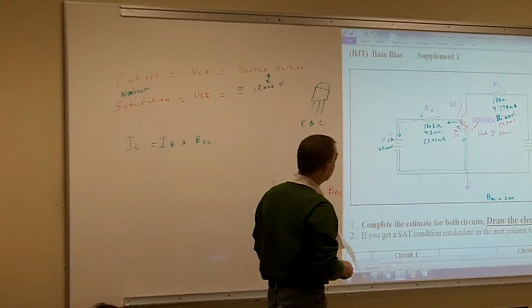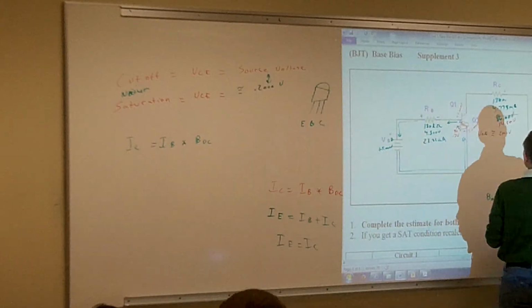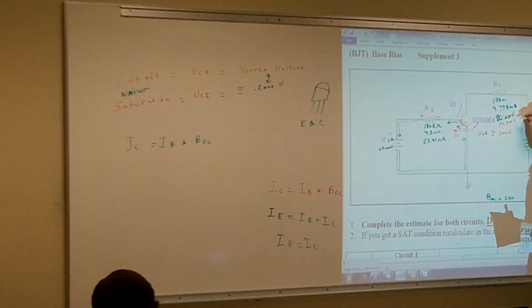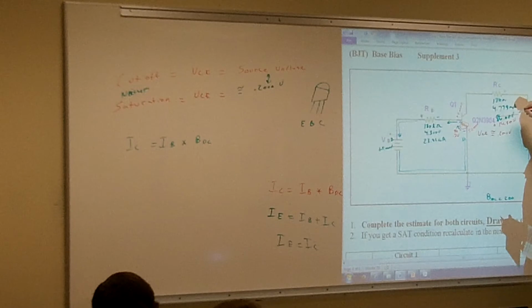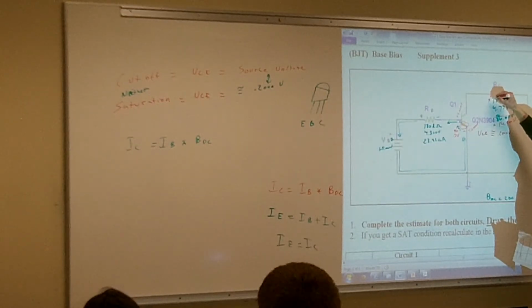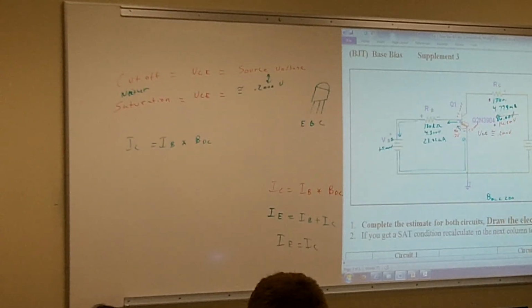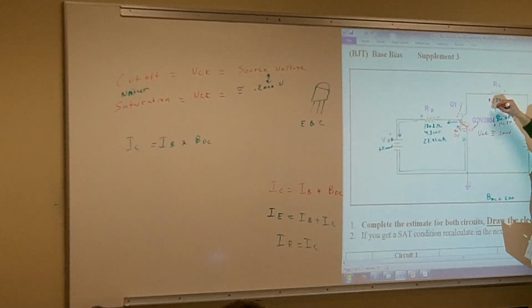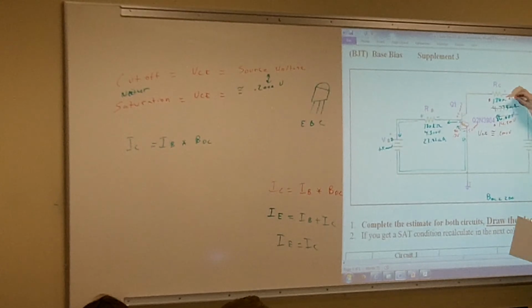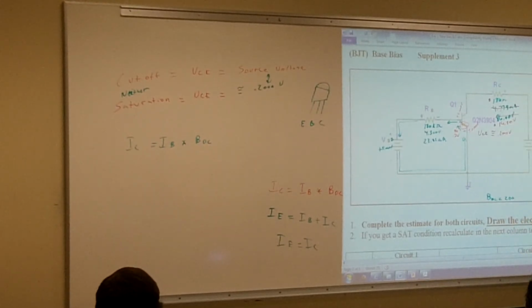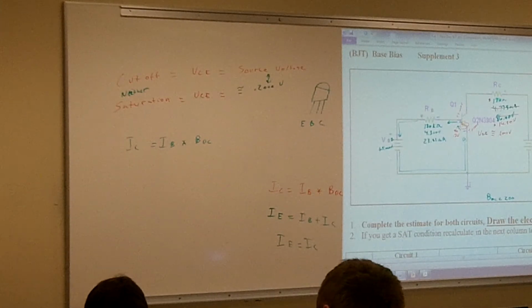So the things that we know for sure are that we're going to be at 14.8 volts across RC, and we know that it's an 18 kilo ohm resistor. So we know that the previous current is not going to be right. The two things that we do know for sure are these two right here, the 14.8 volts and the 18 kilo ohms. So now I can figure out what my actual current is going to be going through my transistor.